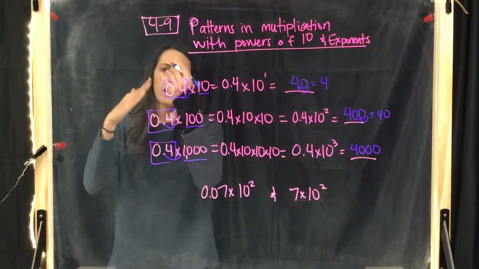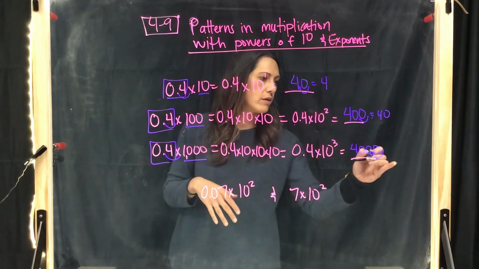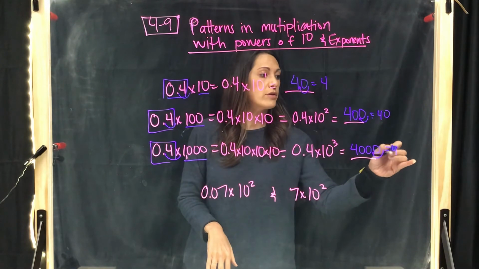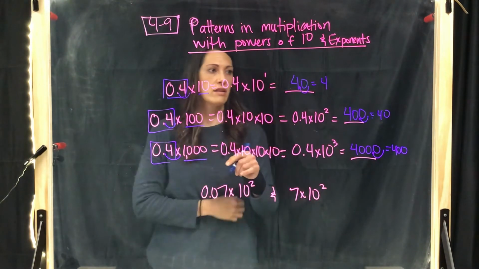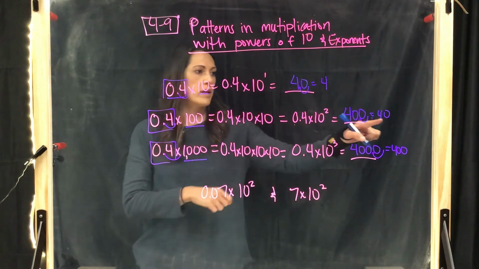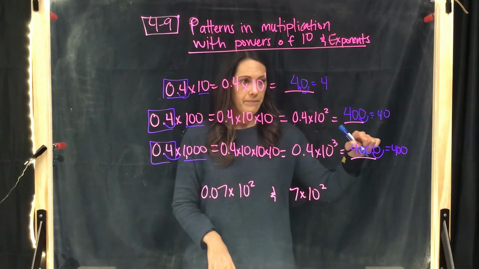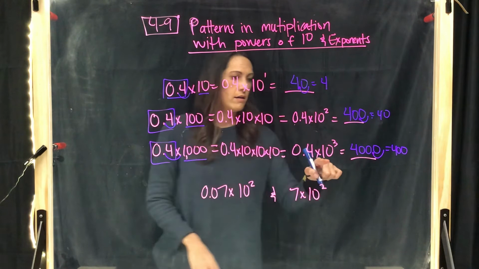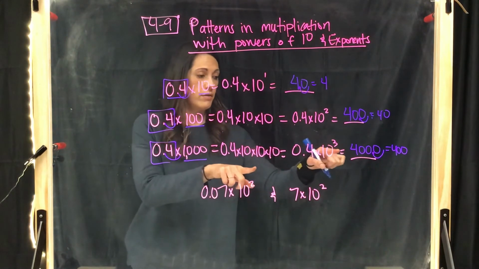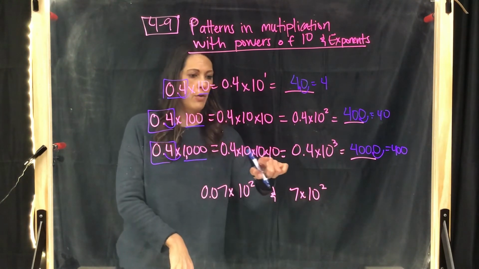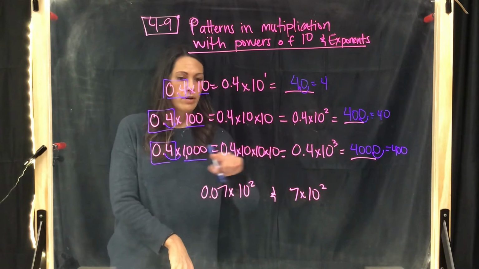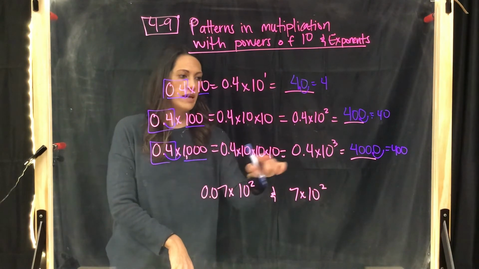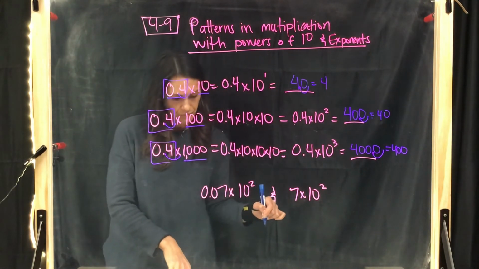So let's bring it back in with one move, like that. So it's 400, okay? Again, let's take a look at the correlation here. The exponent showed how many zeros there were in the number that it was asking you to multiply, okay?